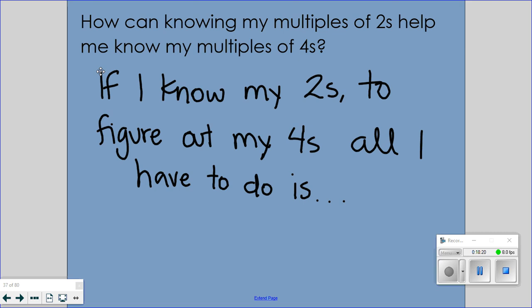If I know my 2's, and I got to get to my 4's, all I have to do is, you finish the sentence. We just have to double the 2's. Double the 2's. That's fine.